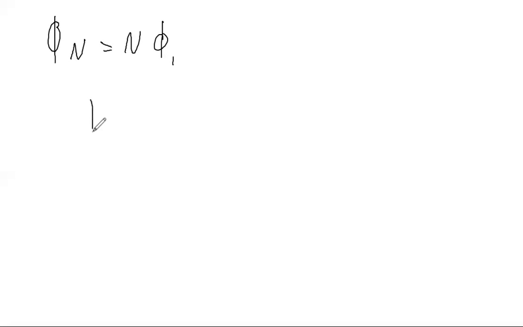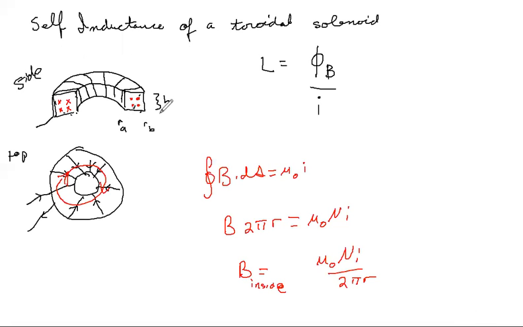To do that, I can simply focus on a turn that wraps around this rectangular cross section. It has height h and runs from R_A to R_B.